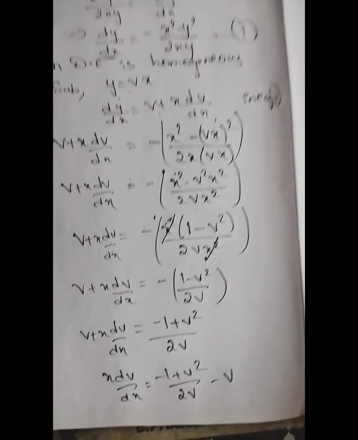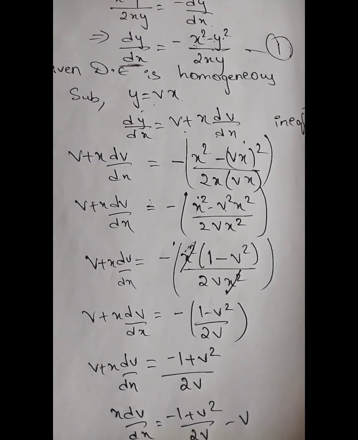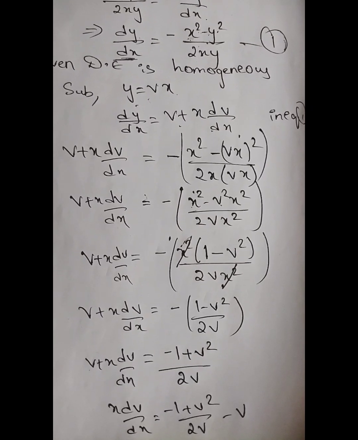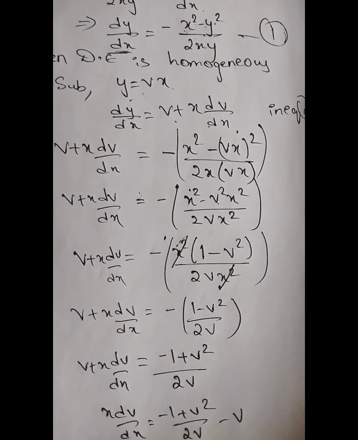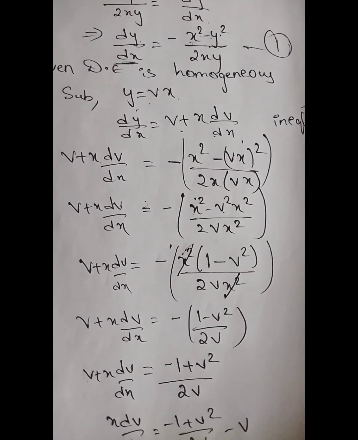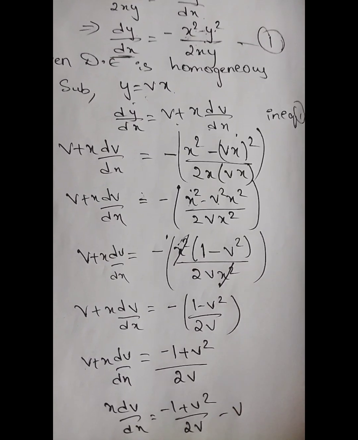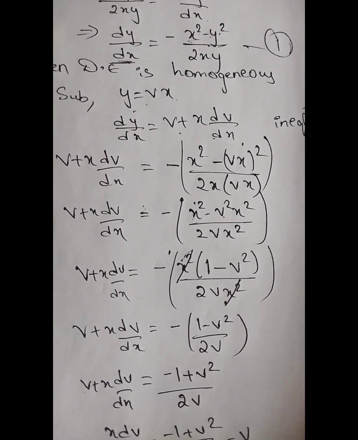Now we can take LCM in the right hand side. So first we will write the left hand side term, x into dv by dx equal to, and the LCM here is 2v. So 2v, minus 1 plus v square in the numerator, minus v into 2v, it becomes 2v square.